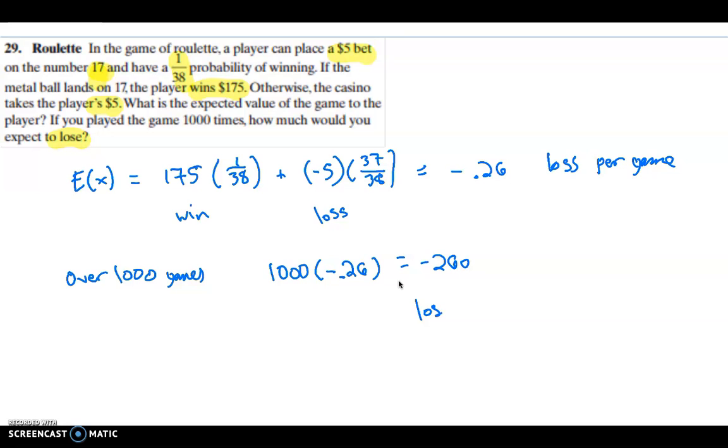So you are expected to lose $260 if you play this game over and over 1,000 times. Again, that's not to say that's exactly what will happen, but that is what we expect to happen. That's one of the reasons why we call it an expected value.